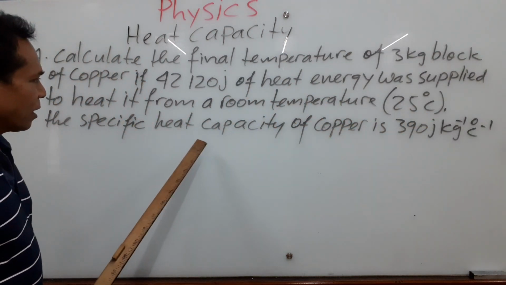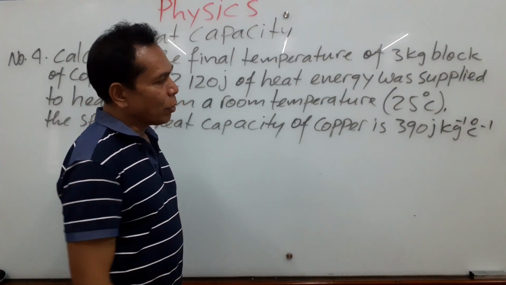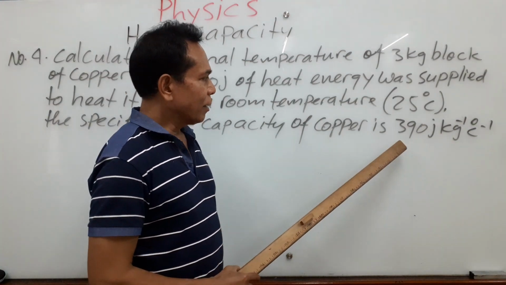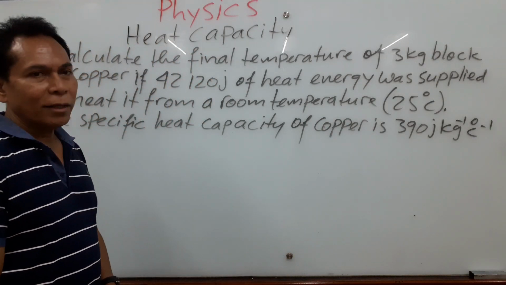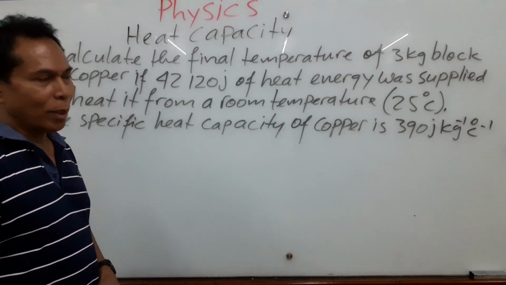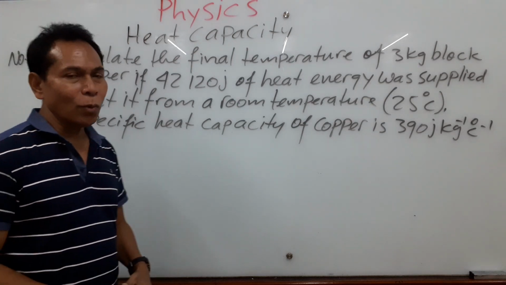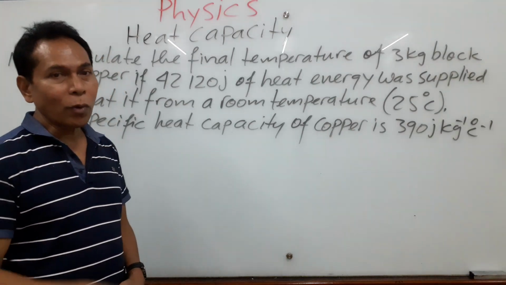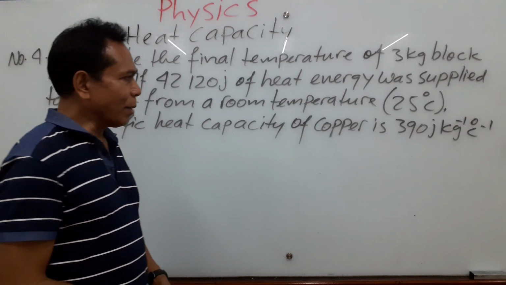The specific heat capacity of copper is 390 joule kg power minus 1 degrees Celsius power minus 1. See, copper is low, the heat capacity of copper is very low. It's only 390. So the energy needed is also not as big. If we compare this to water, in our last video, the heat capacity of water is about 4,000, so the energy needed is 2 million something, okay?